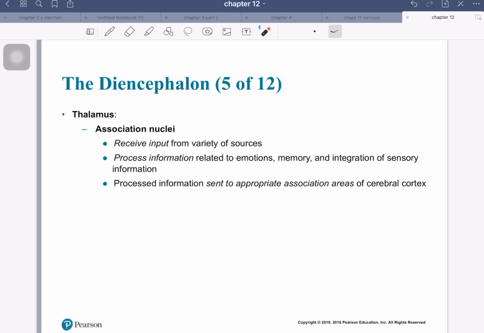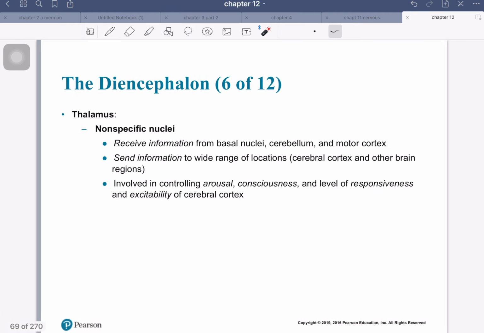Now, processed information is sent to appropriate association areas in the cerebral cortex. So this is almost like a pre-sorting, the initial analysis of the information, and then the information gets sent to higher levels in the cerebral cortex, where those association areas can do further processing and evaluation and possibly act on the information.